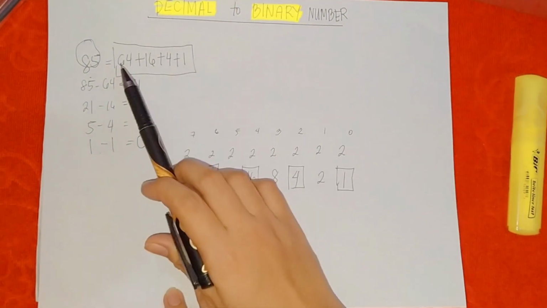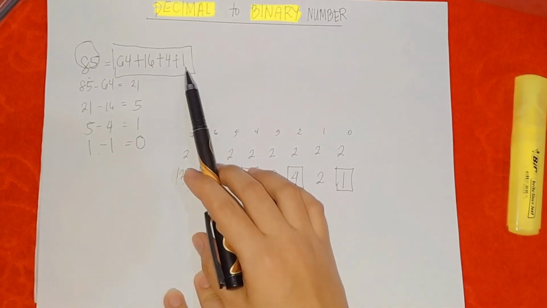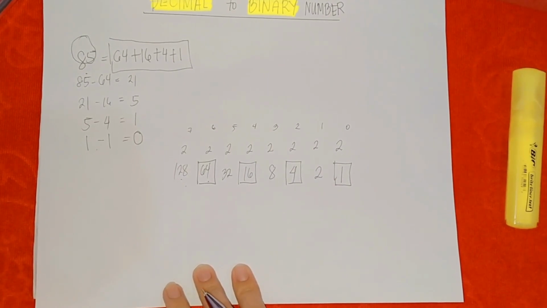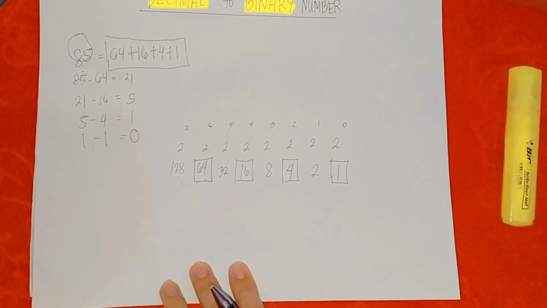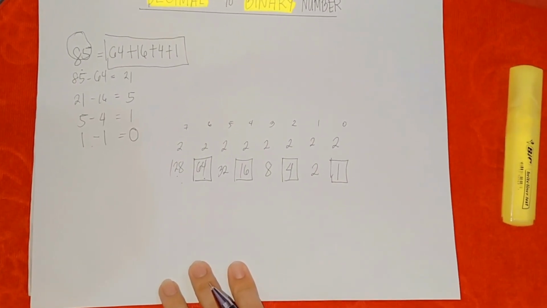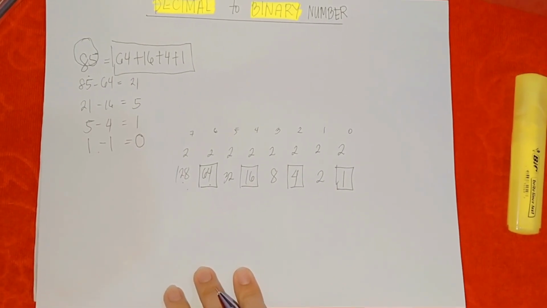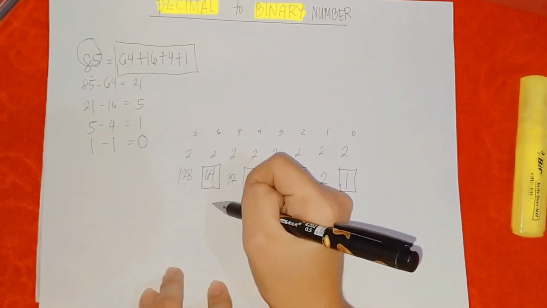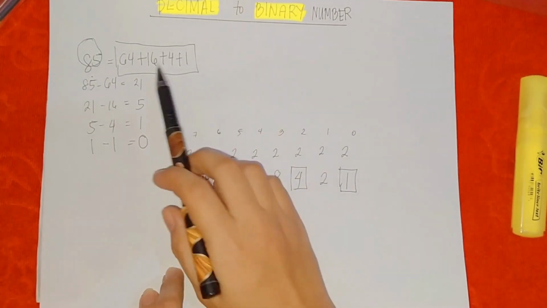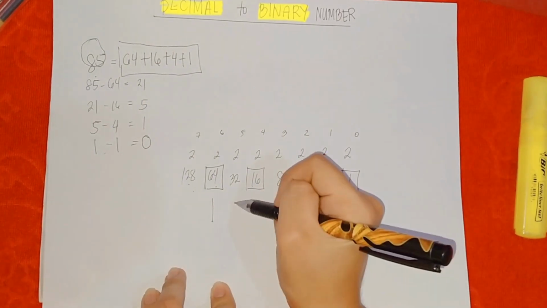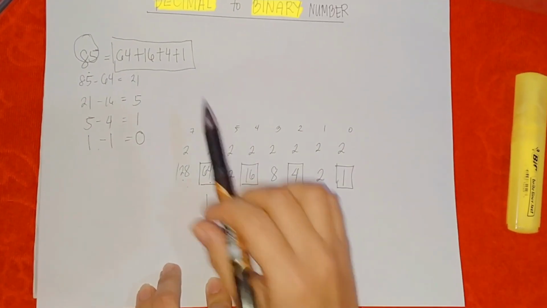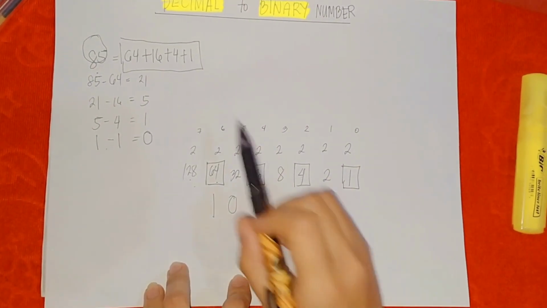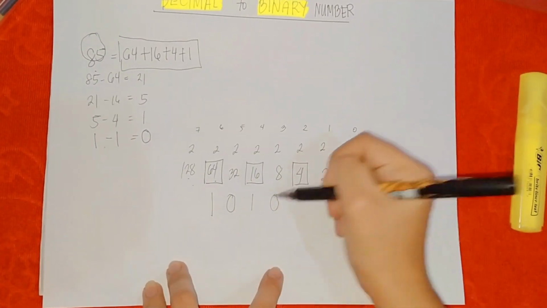Now that we have these 4 numbers, we can convert them into a binary number. As a review, binary only consists of 2 digits, which are 0 and 1. Because we have 64 here, we put 1. We don't have 32, so we put 0. We do have 16, so we put 1. We don't have 8, so we put 0.